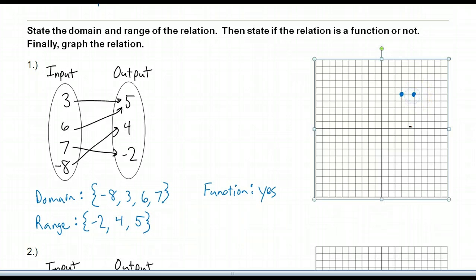Seven gets mapped to -2, and -8 gets mapped to 4.